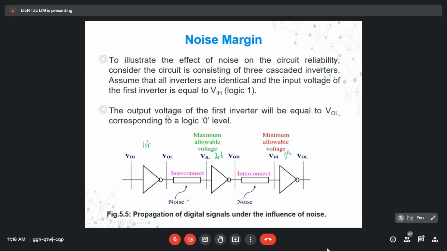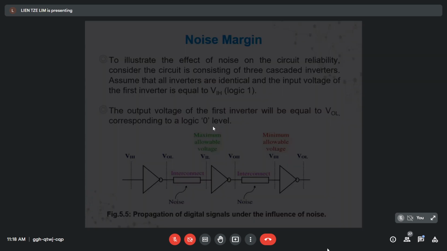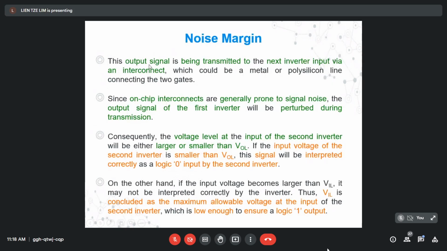The output voltage of the first inverter will be equal to VOL, corresponding to a logic 0 level. This output signal is transmitted to the input of the next inverter through an interconnect, which could be a metal or polysilicon line connecting the 2 gates.